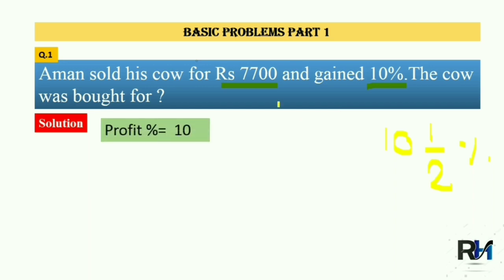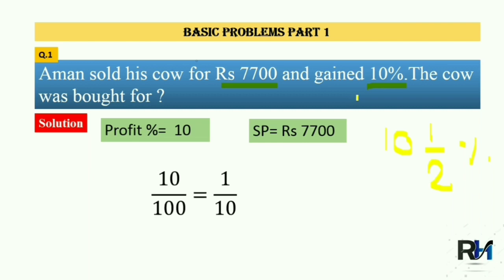So our profit percentage is 10%, and the SP of the cow is rupees 7700. Whenever a percentage is given, we will write it over 100. So we will write it as 10 by 100. After cancelling, we will get the fraction 1 by 10. Now we have to understand this fraction. Whenever I purchase an article for rupees 10, then I will get a profit of rupees 1.